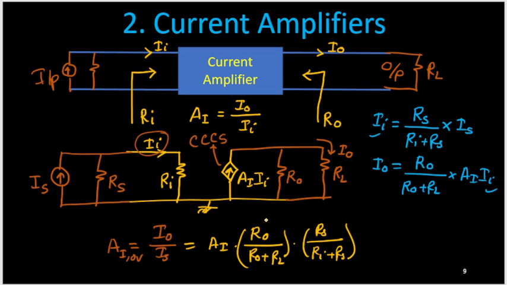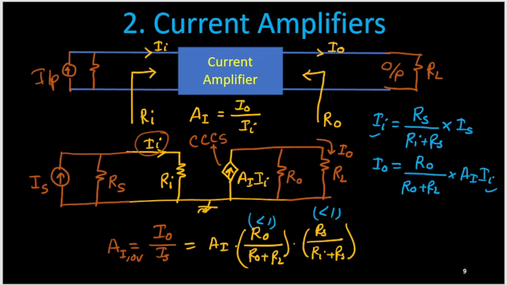Again, you can see that this value is always less than 1, because the numerator is R0 and the denominator is R0 plus RL, and both R0 and RL are positive. Similarly for Rs and Ri. This value could be at most close to 1 if and only if R0 is very high compared to RL. So what is the condition for a better current amplifier?